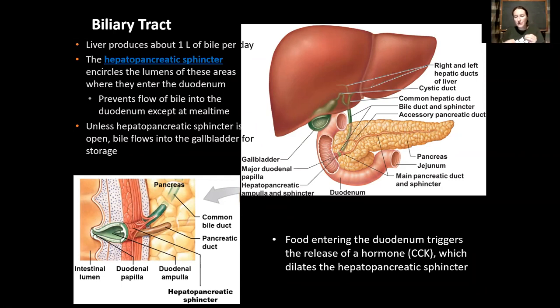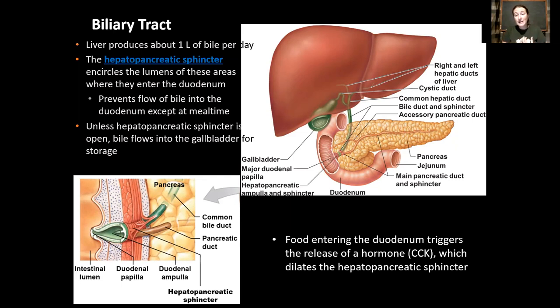Again, we're going to pull all of these pieces together as we go along, but as food goes from your stomach into your small intestine, into your duodenum, that is going to trigger the release of a hormone called CCK, cholecystokinin, which is going to open up that hepatopancreatic sphincter and allow bile to enter the duodenum. Okay, so again, the liver, the gallbladder, the pancreas are not physically digesting food.